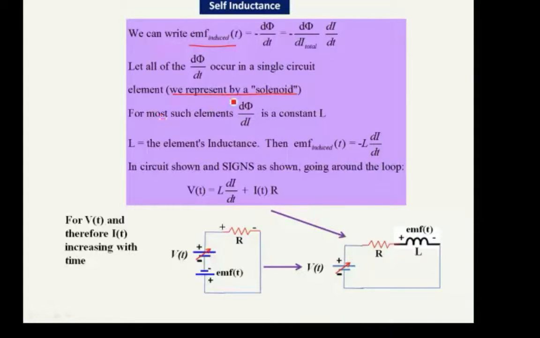For most elements where we have this isolated magnetic field changing with time, this quantity, which we had written up here in terms of the change in flux with respect to time, is, for most situations that we're interested in, a constant, and we call it L. And L is the element's inductance. Rewriting our EMF induced as a function of time, it's equal to L times di/dt, where the sign is used to get the right direction of the induced flux change.